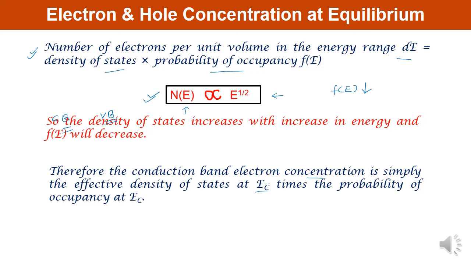It can be written as the product of NC into F(EC). So what is N0 now? N0 is NC times F(EC). Here NC is the effective density of states and F(EC) is the probability of occupancy at EC.